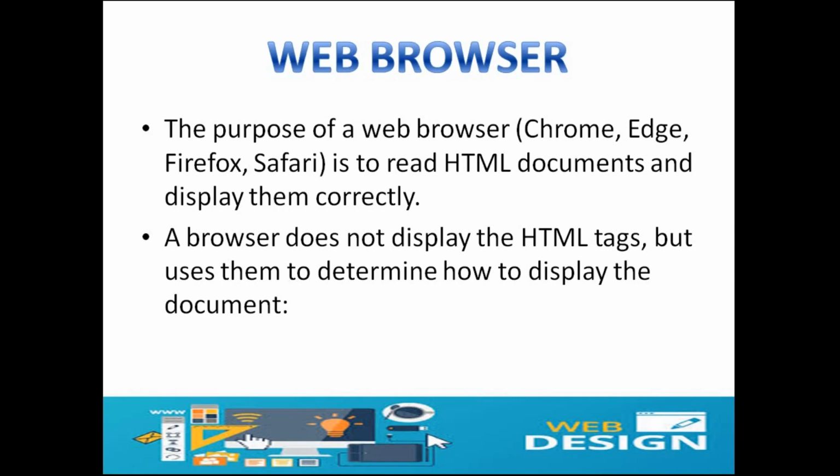The browser does not display the HTML tags, like the ones we are learning here. It only uses them to determine how to display the information or the document on the web page.